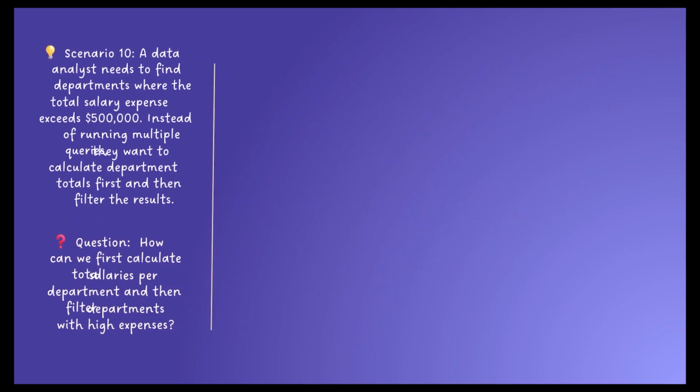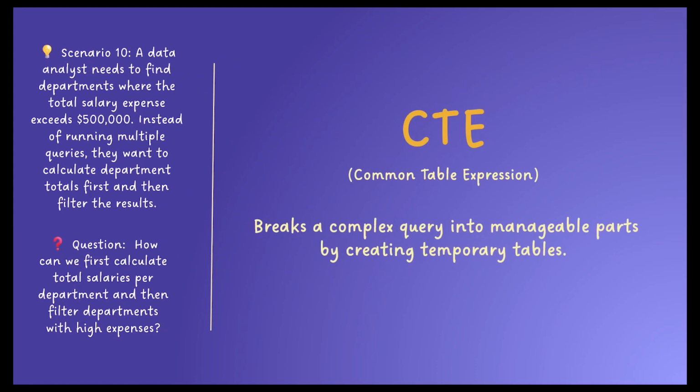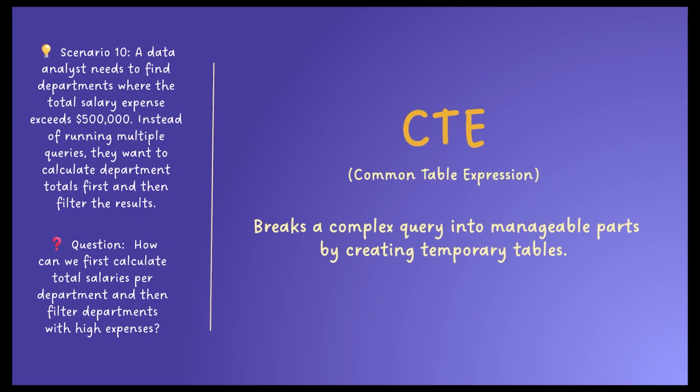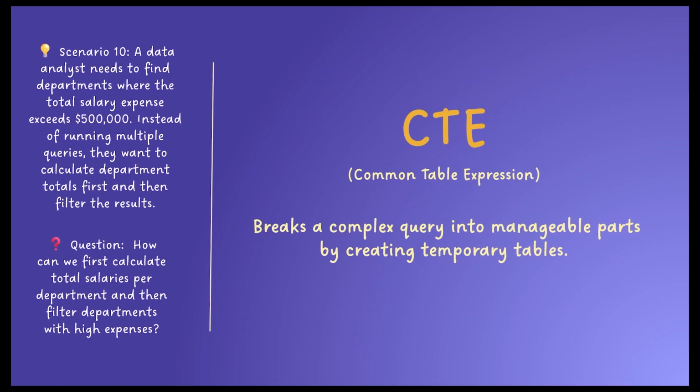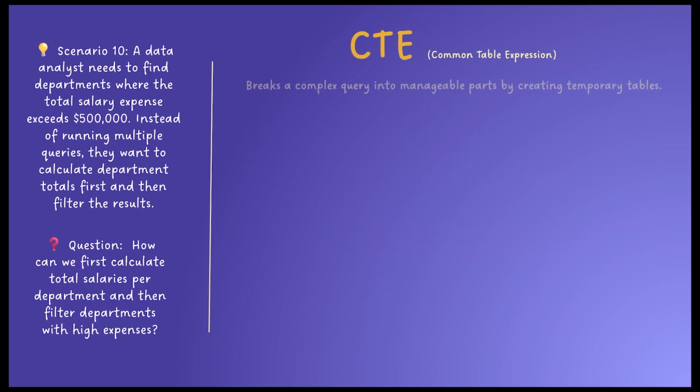Now, there are two ways to do it. The first one is, of course, you could use a subquery. The other one is the CTE, that is common table expression. The way it works is you break down a complex query into manageable parts by creating a temporary table. It just means that you are breaking your big queries into smaller parts. And the syntax is pretty simple.